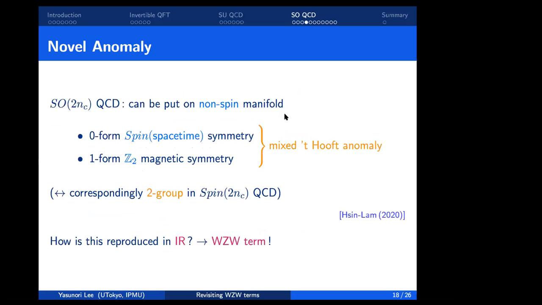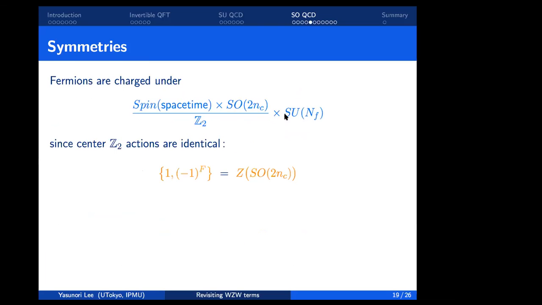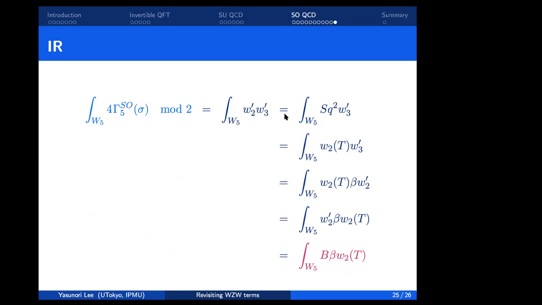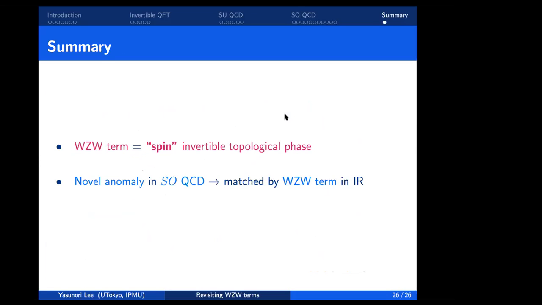I just want to ask some general property for the gamma 5, the WZW term. So if I take derivative of this gamma 5, it should be proportional to the third Chern class. Right? So yes, the d gamma 5 should be equal to the third Chern class, right?